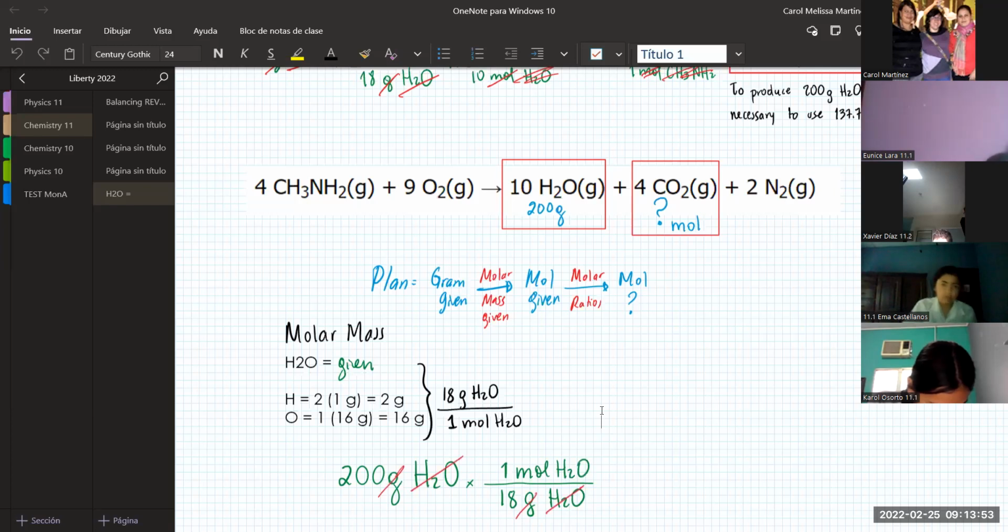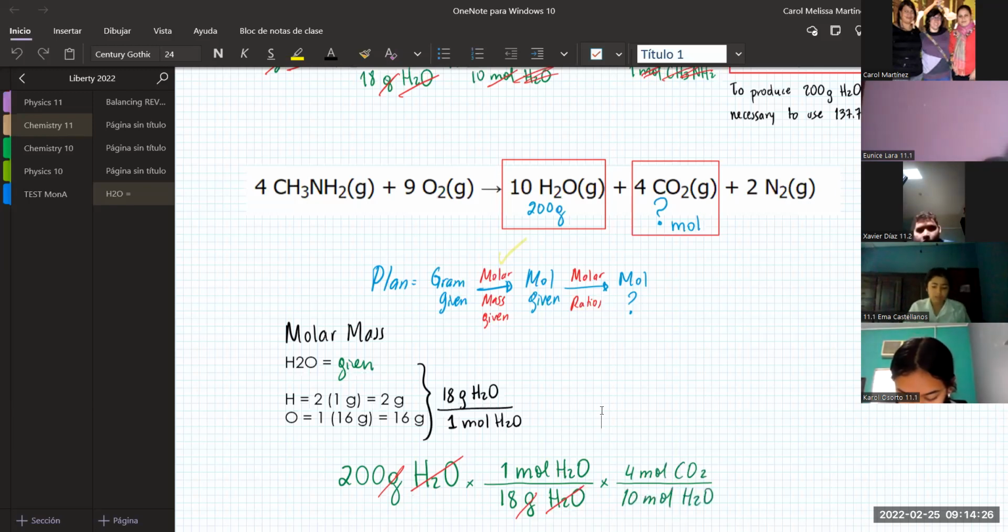And now it says that from moles given to moles unknown, I need to use the molar ratios. What are going to be the molar ratios in here? What should I write up? 4 moles of CO2 up, and below them the 10 moles of water.